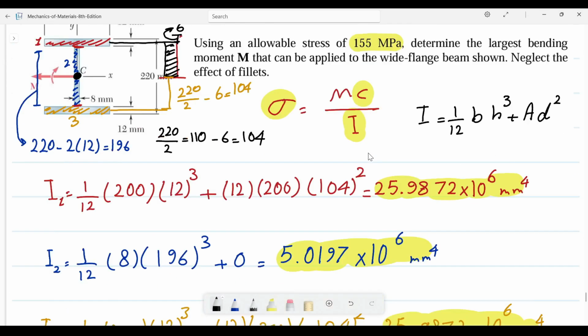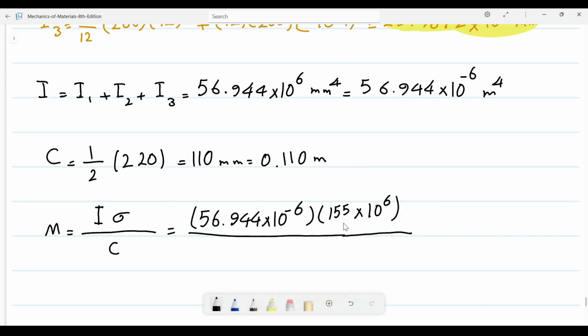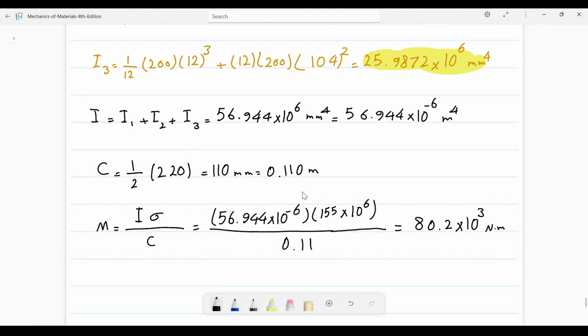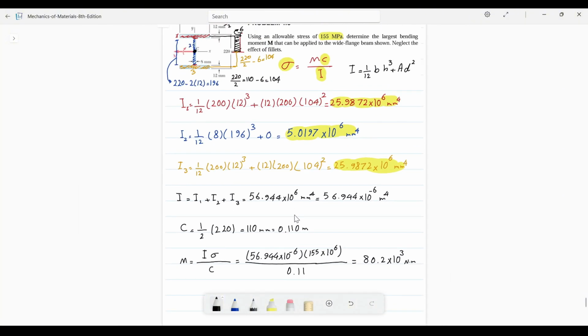Here we have megapascal, and now we have pascal here, divided by 0.11, which is equal 80.2 multiplied 10 to the power 3 Newton meter. That's it. Easy question.